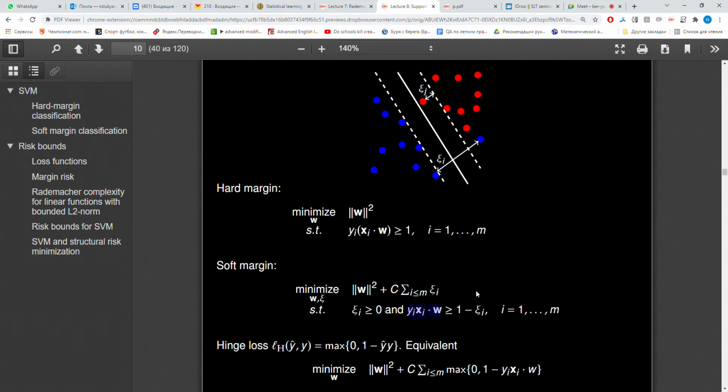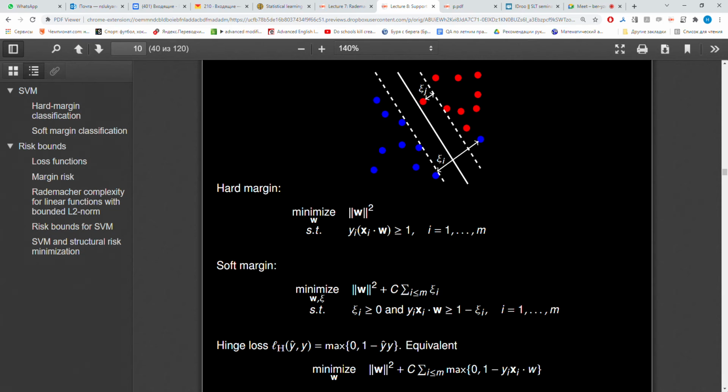We can make it a little less, if it's possible to say it this way. So we give the possibility, we allow our hyperplane not to split some of the elements correctly. So that's what we want to do.